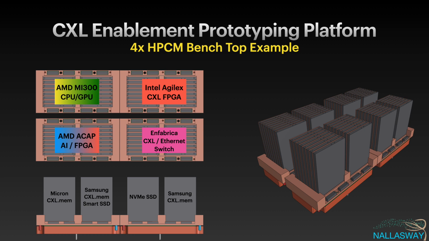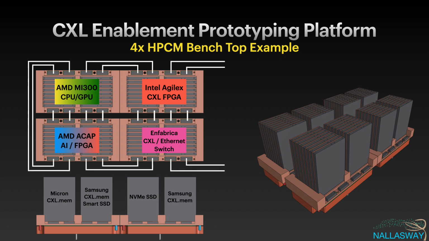They've got some smart SSDs that are hybrid, with a CXL.mem interface with hybrid DRAM and SSDs built in. You can use ordinary standard NVMe SSDs from anybody, and also a CXL.mem example from Samsung there. So you would populate this with the type of memory and the capacity you actually required.